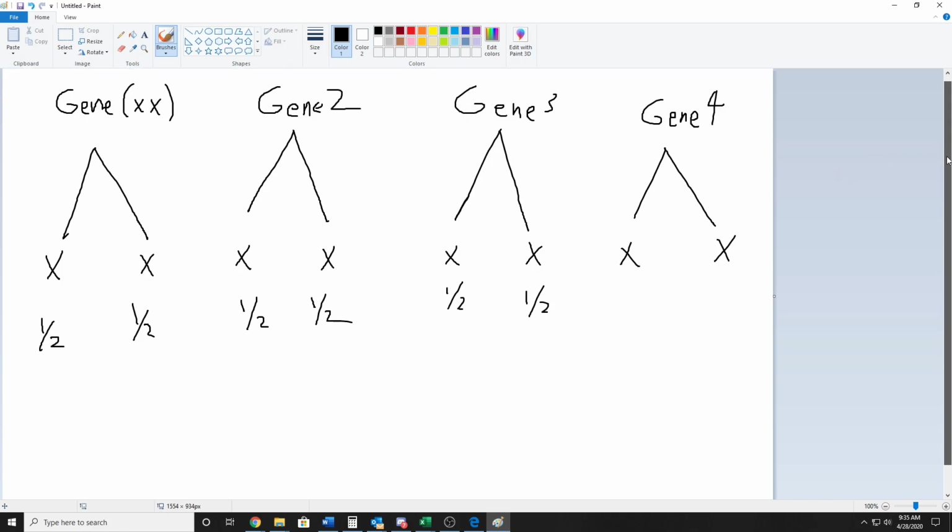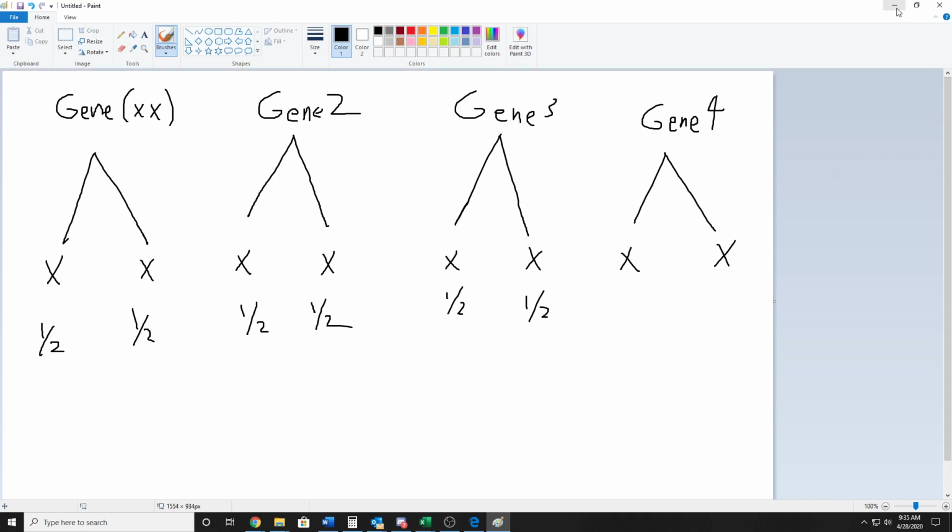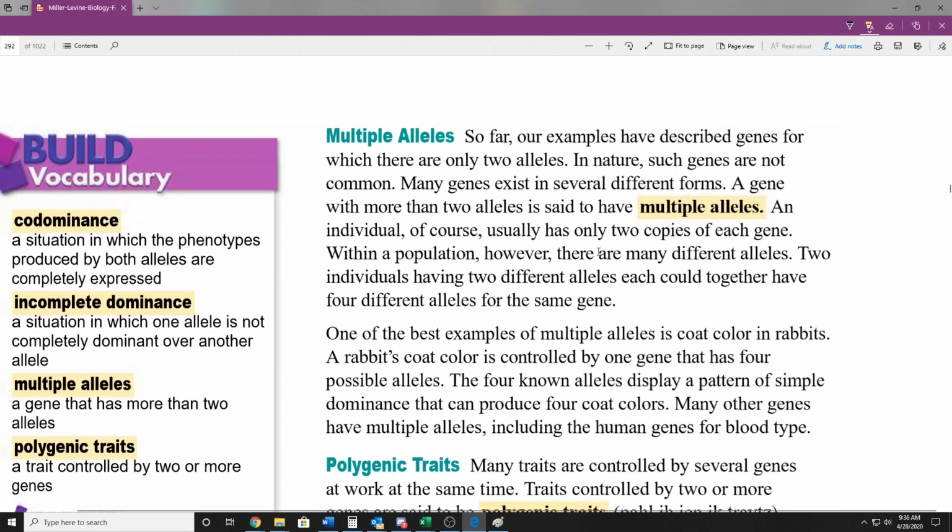And I remember Natalia asking me about a week ago, well, we see instances of parents that have seemingly dominant traits, but then their kids are born with recessive traits. I would chalk it up to being a polygenic trait, and perhaps there are some other patterns of inheritance working as well. So we can have a trait that is controlled by multiple genes, and each of those genes can display their own patterns of inheritance as well.